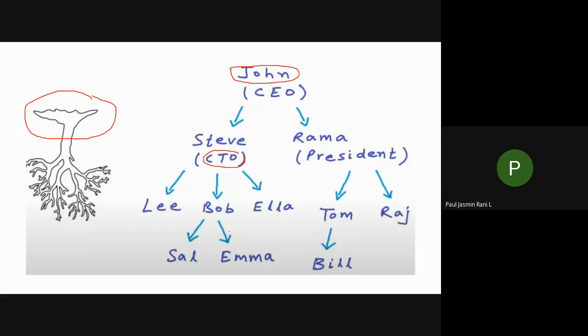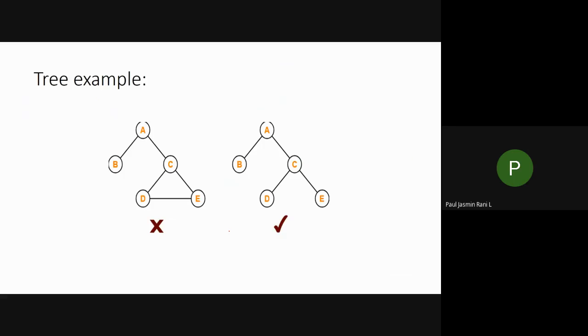So remember this one always. In a tree data structure, you will have only one root node, and you will have n number of branches. And this is an example of which one is a tree and which one is not a tree. So the first one is not a tree. Why? Because if you have nodes, you will have only one link between two nodes.